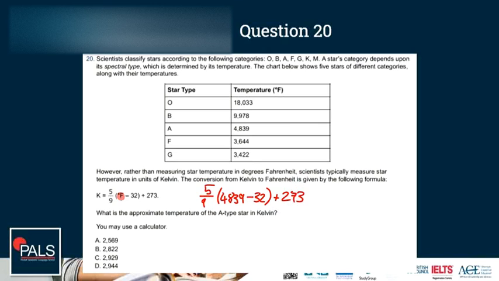Typing all of that into your calculator, you get 2,943.55, correctly rounded up to 2,944, and that is answer D.